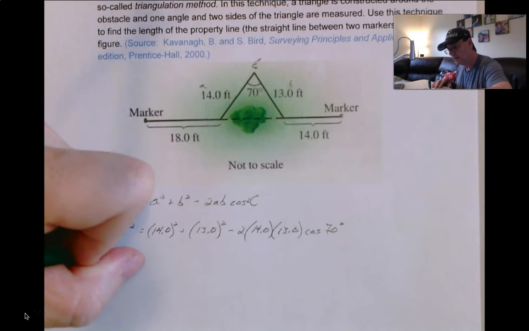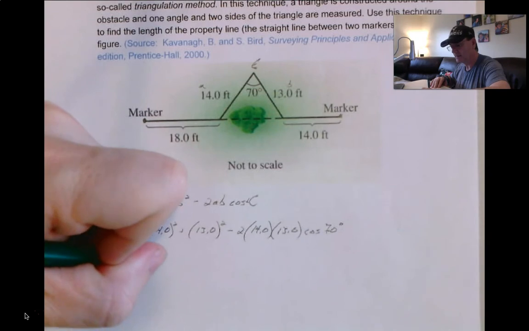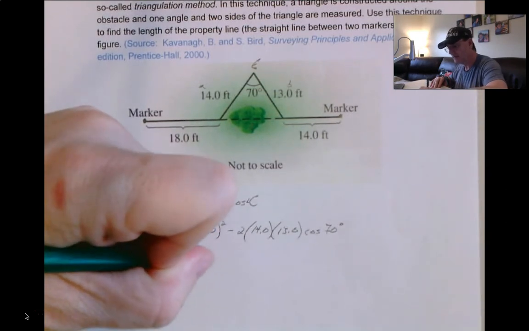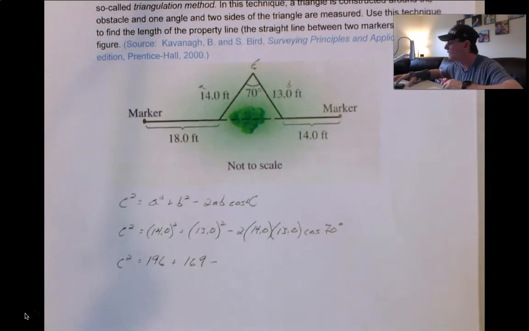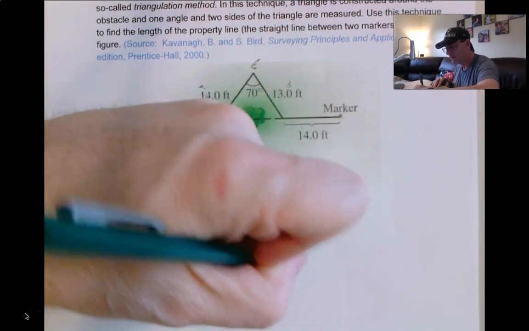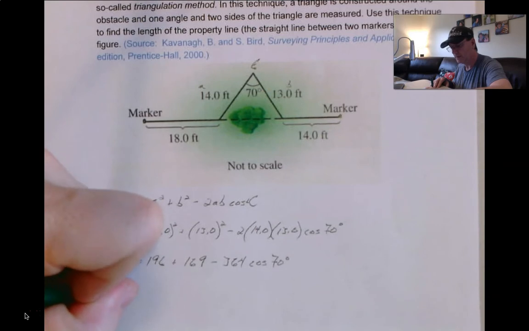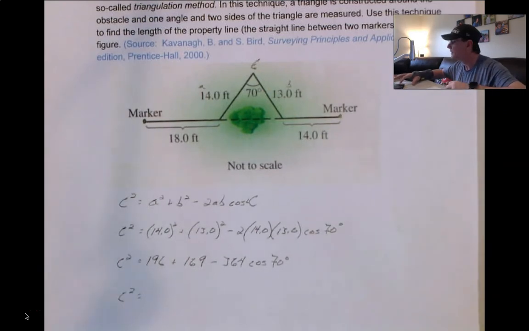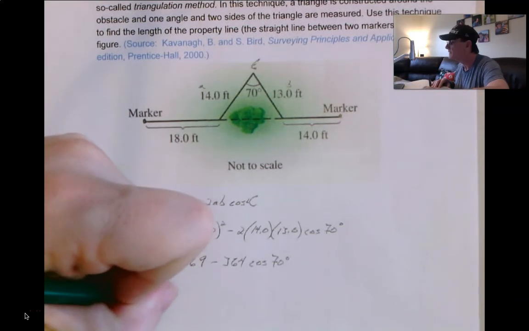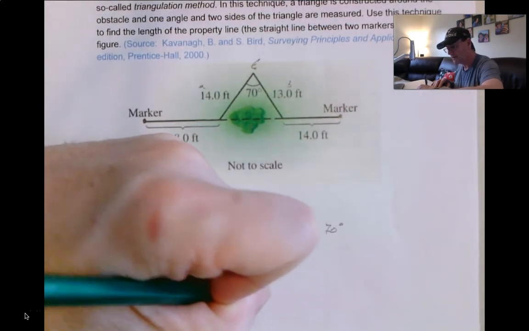Calculator. C squared equals 14 squared, 196, plus 169, minus 28 times 13, 364 cosine 70 degrees. So c squared equals 196 plus 169 is 365 minus 364 cosine 70 degrees.